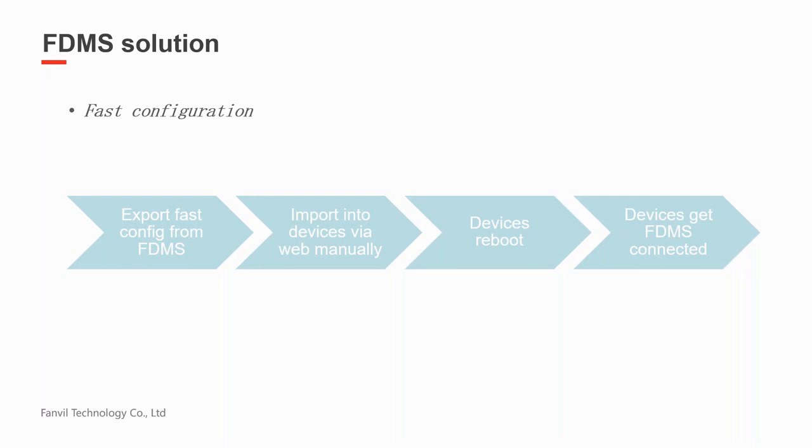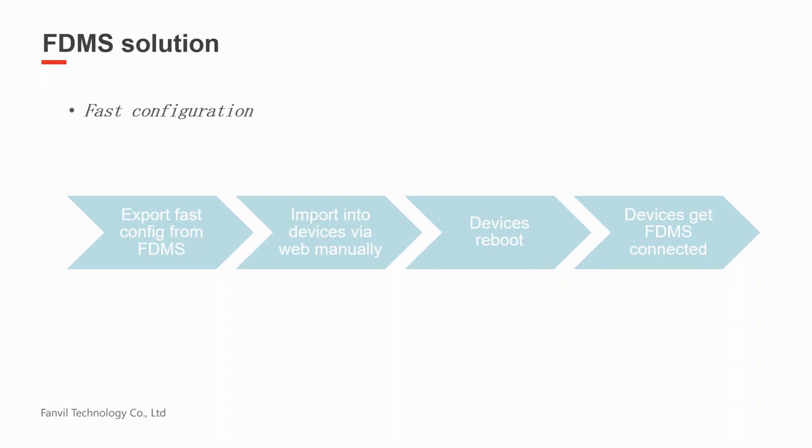The first one is fast configuration, which means you can first access the FDMS server and export a config file named the first config for FDMS. Then you can save this config file, log in to a Fanvil device's web page configuration, and import the config file into the device.